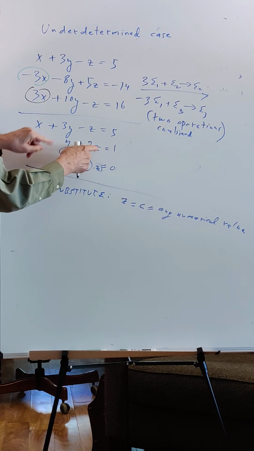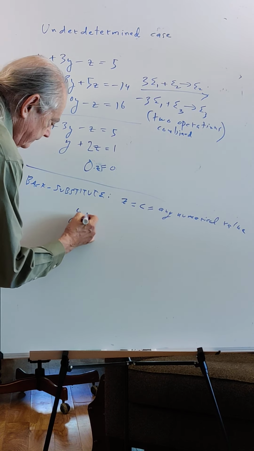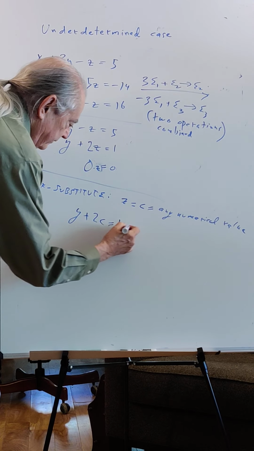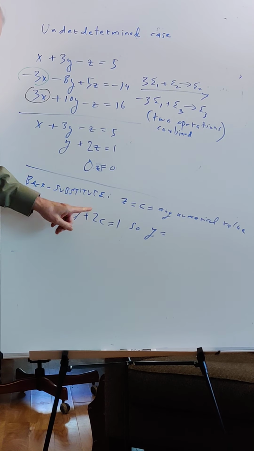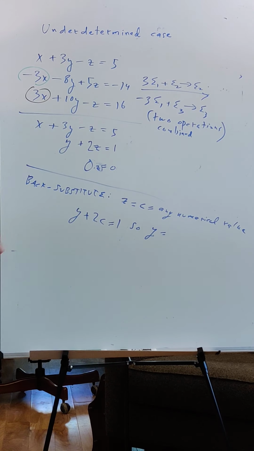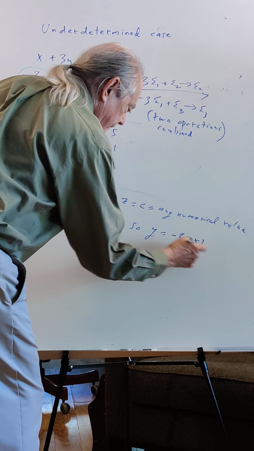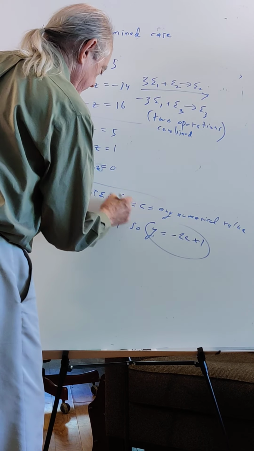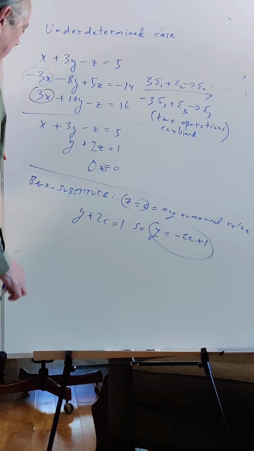Okay, so we take the value c and we put it here. So y plus 2c is 1. So y is, subtract 2c from both sides, minus 2c plus 1. z is c, y is minus 2c plus 1.